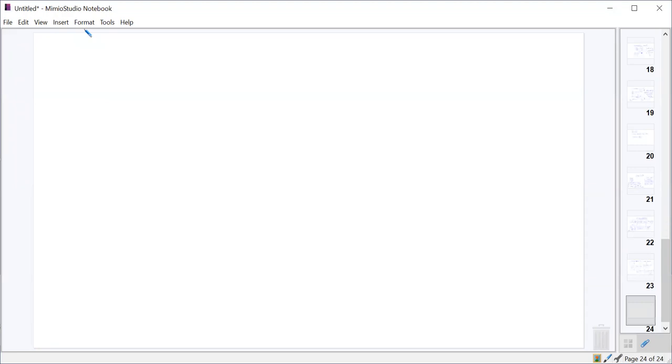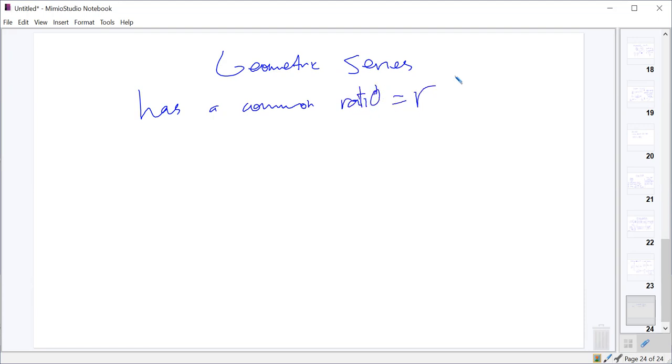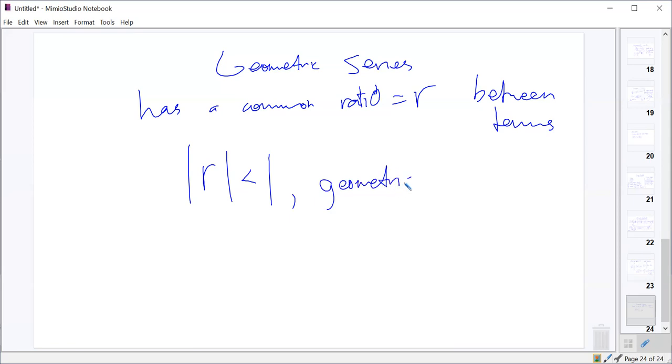So with series, the first types of series that we looked at were geometric series. And we'll note that a geometric series just has a common ratio r between terms. And any geometric series where the absolute value of r is less than 1, the geometric series will converge.